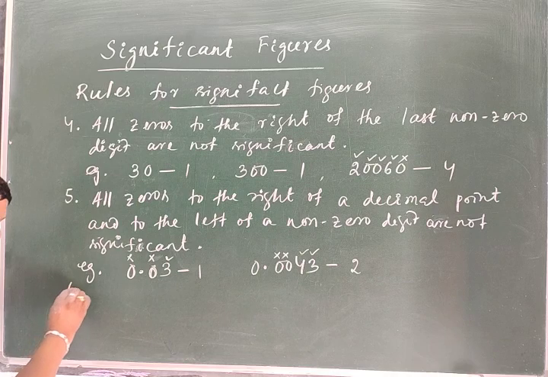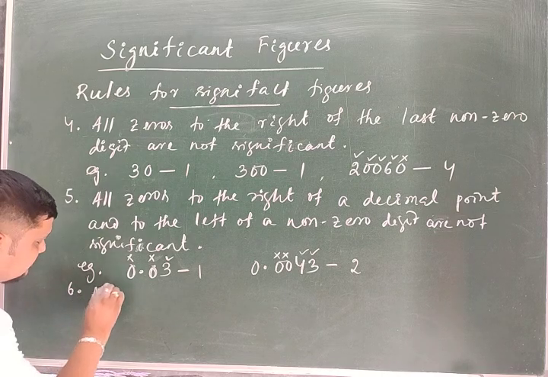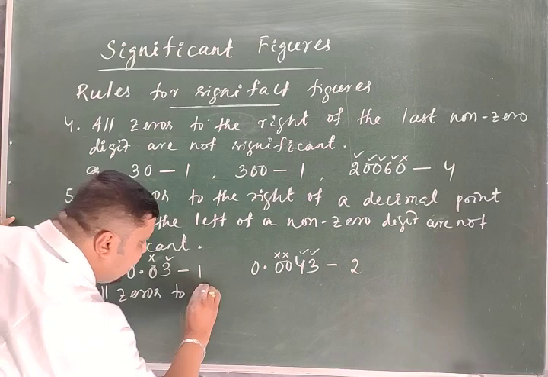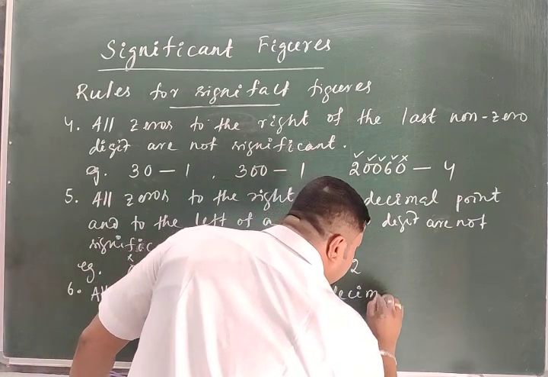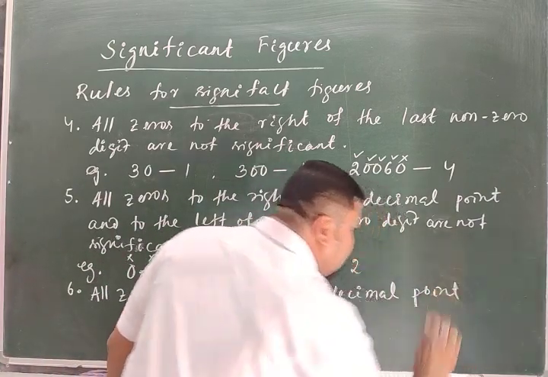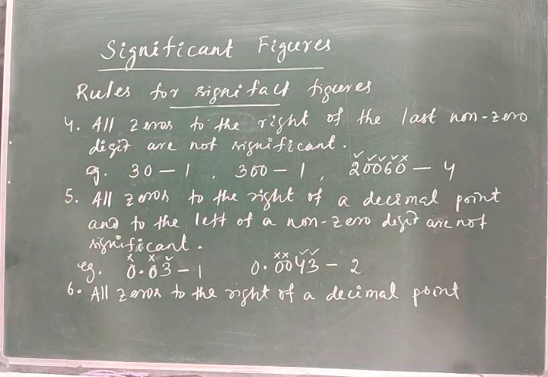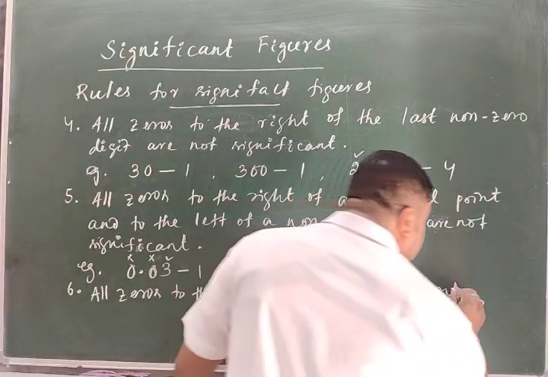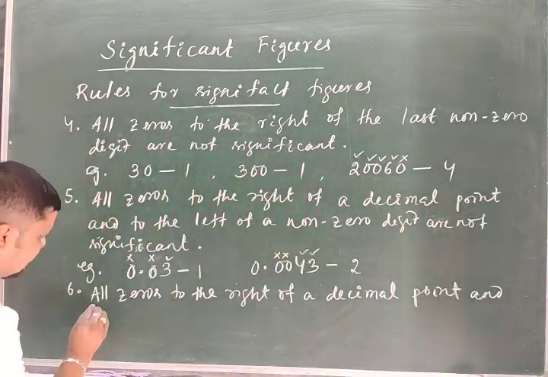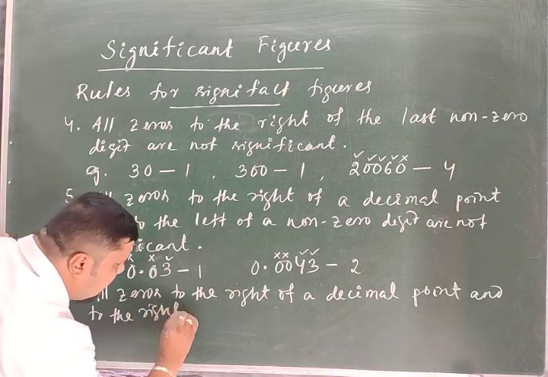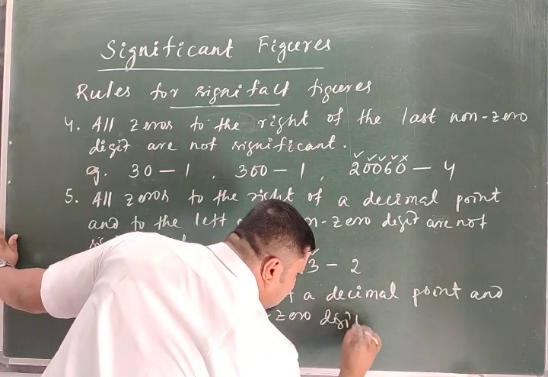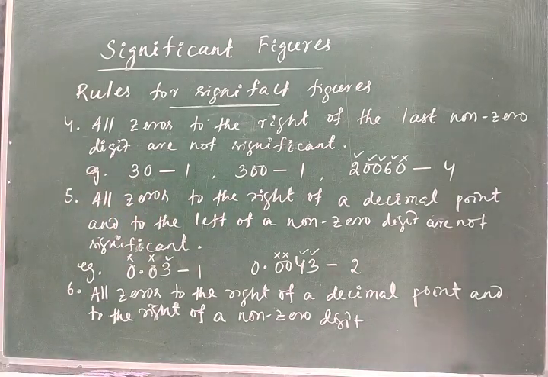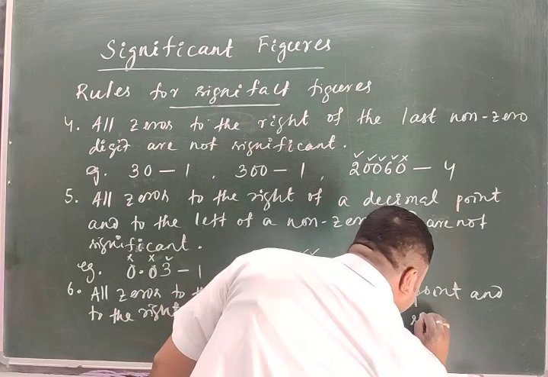Now we go for the sixth one. What is the sixth one? All zeros to the right of a decimal point and to the right of a non-zero digit are significant.